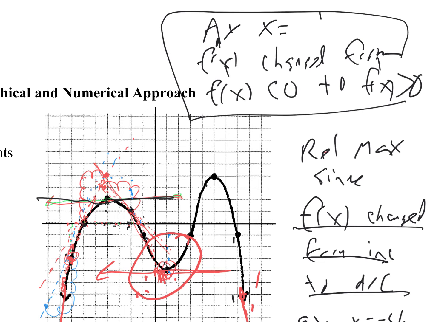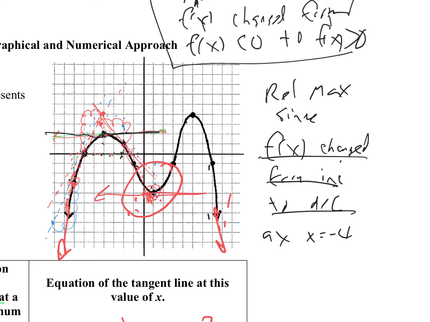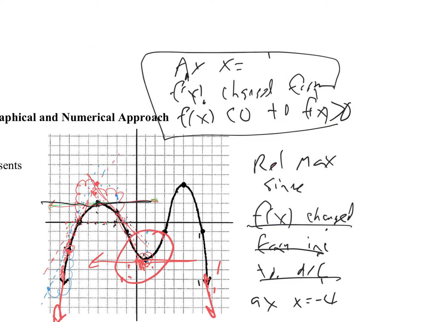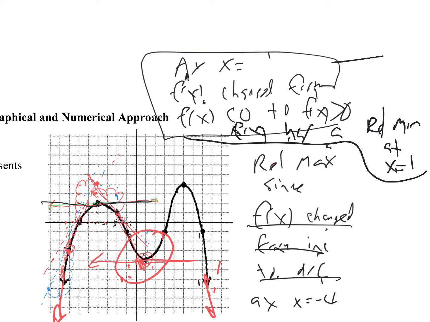Here are two different ways. Here I said from increasing to decreasing. Here I said the derivative was less than 0, now it's greater than 0, minimum. So I didn't finish that up, did I? f of x has a relative minimum at x equals 1.